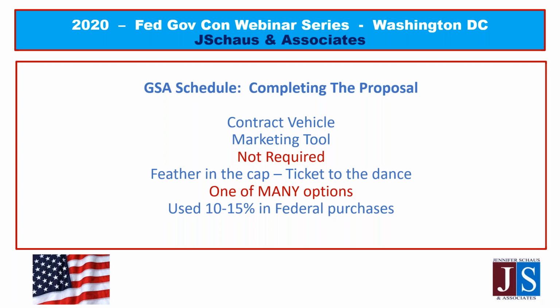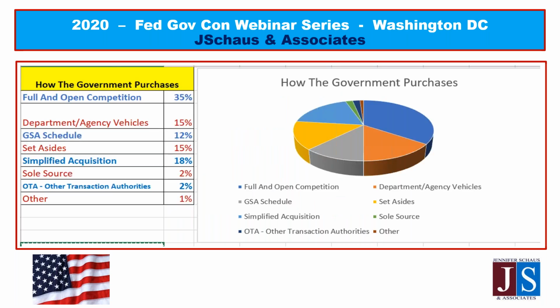It's going to vary for your specific product, service, or software, whatever it is you're selling. And you can do some homework to find out specifically how much goes through the schedule for your services to see if it's worth it for you to go down that path or not. So the pie chart here is how the government purchases. They can basically just make direct awards without using a contract vehicle.